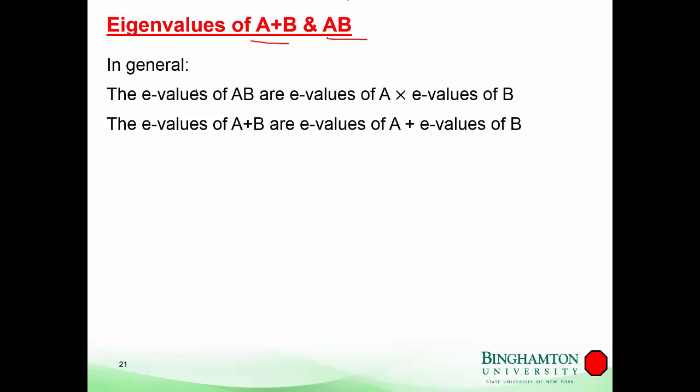Well, in general, the eigenvalues of the product AB are not the eigenvalues of A times the eigenvalues of B. And the eigenvalues of A plus B are not the eigenvalues of A plus the eigenvalues of B. So it doesn't work that way.